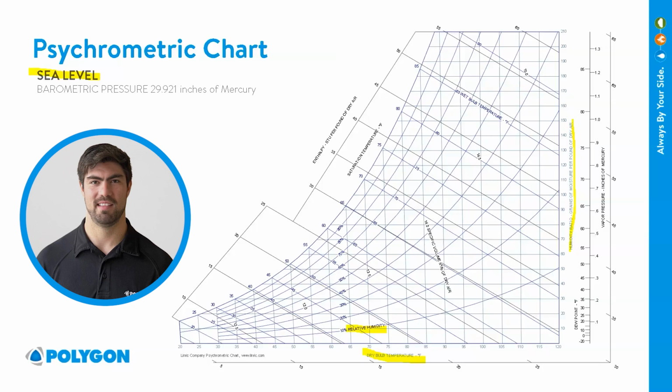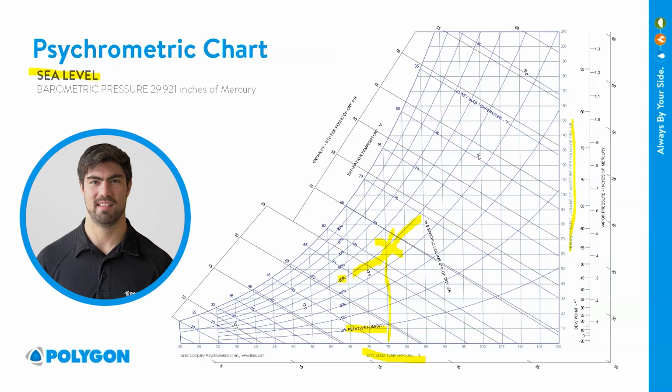So a typical target for us in a lot of the projects we're involved in could be 75 degrees, which is this line that I'm highlighting, along with 50% relative humidity, which is this line right here. So I'm just going to highlight a portion of that line, or try to, and here's an X marking that spot.